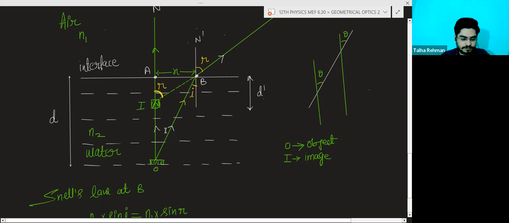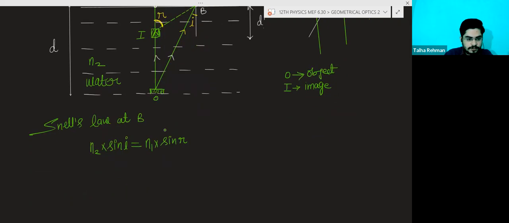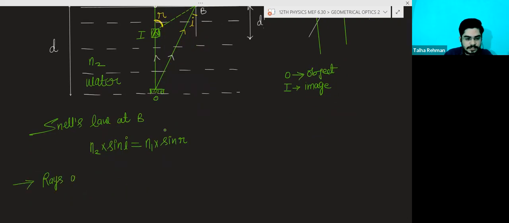This is the assumption, okay, that rays are paraxial. So i and r are very small.